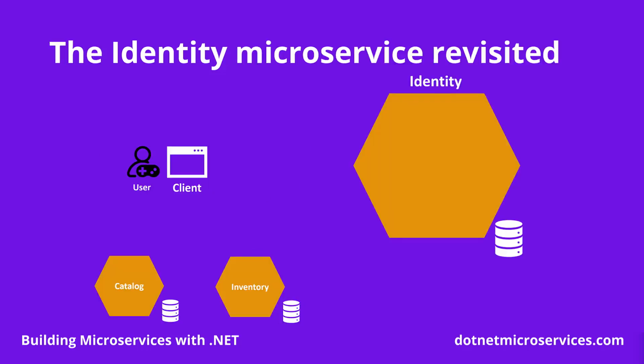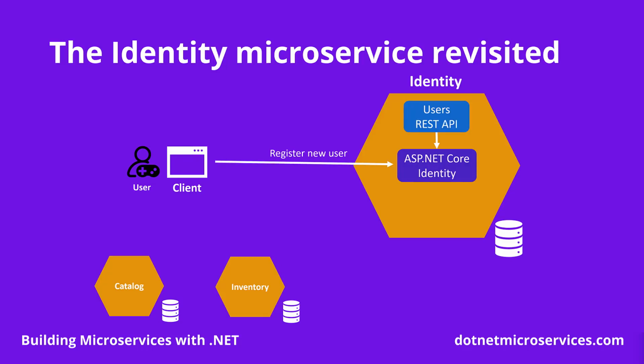Let's now take another look at our Identity microservice to understand how Identity Server fits alongside the already implemented components. As you know, we have already taken advantage of the built-in ASP.NET Core Identity functionality to enable the new user registration. We also introduced our Users REST API to enable a few basic user management scenarios. This REST API, in turn, also uses the services provided by ASP.NET Core Identity to simplify how we interact with the user's database collection.